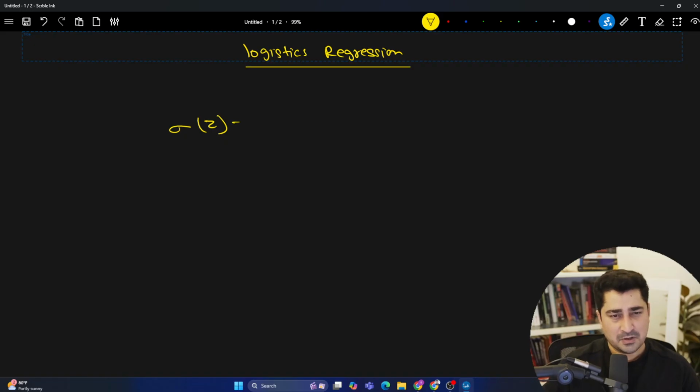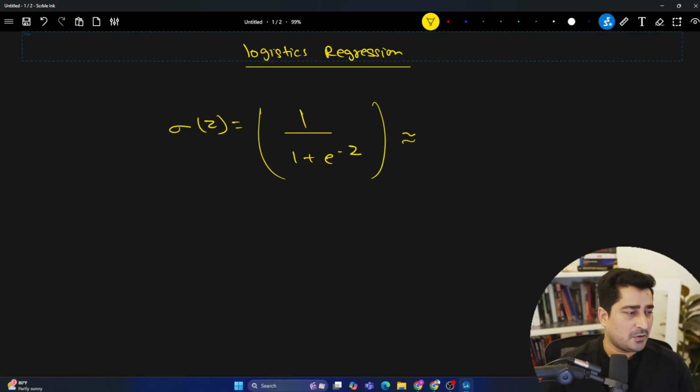Let's suppose this is the sigmoid function: 1 by 1 plus e to the power minus z. This is called the sigmoid function. This is the core mathematics behind logistic regression, I would say. How this comes into the picture, we'll be talking about.